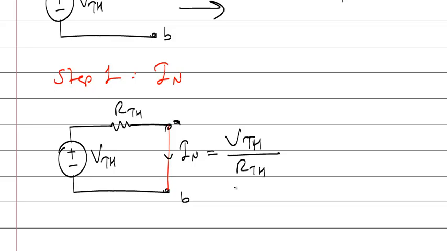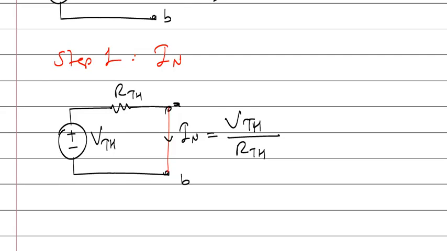Okay. And step 2 is to calculate R Norton. And while calculating the Norton resistance, we have to turn the sources off. If you turn off a voltage source, it will be a short circuit like that. And there is a resistor, R Thevenin.